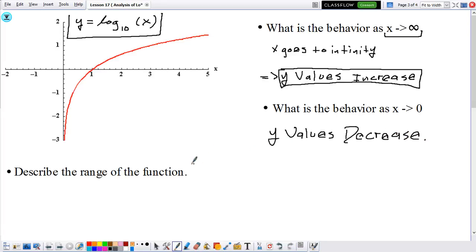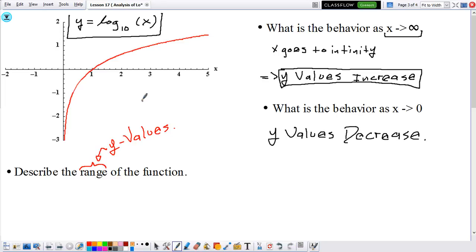Now, here, let's try to describe the range. Range is just another fancy way to say y values. So domain is x and range is y. So here it's asking you what happens to those y values.